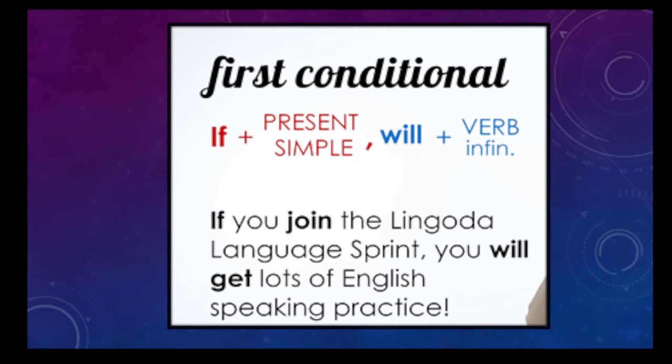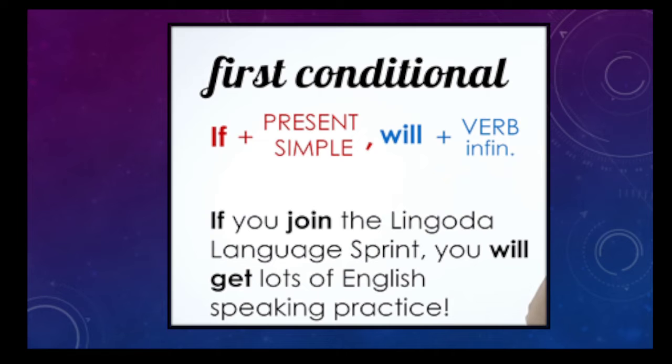Another one. If you join the Linggoda language sprint, you will get lots of English speaking practice. So nakikita nyo naman yung verb ay naka-bold. So join, will get. Okay? So sinusunod niya yung rule na if plus present simple tense of the verb and then will dun sa result clause: will, can, may plus verb infinitive or base form of the verb, will get.